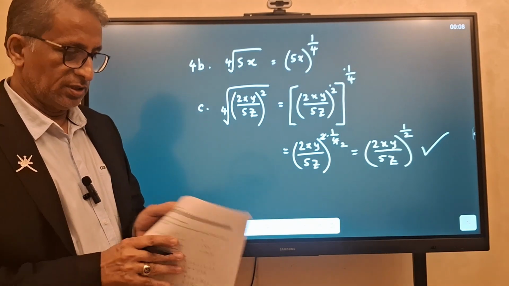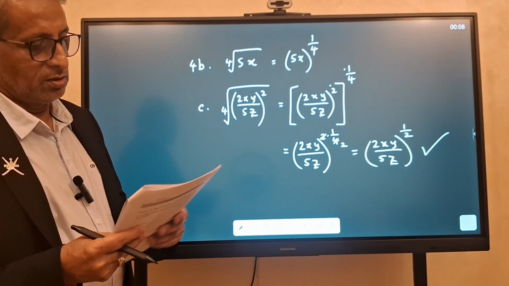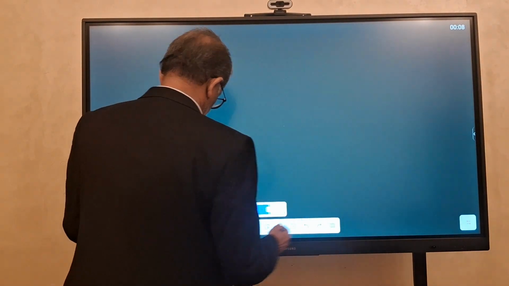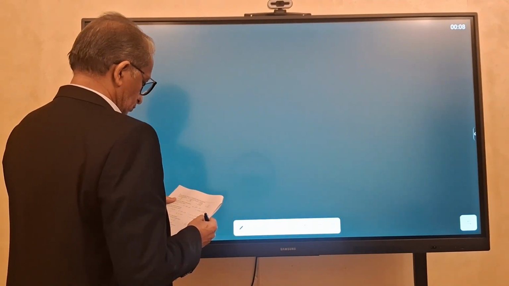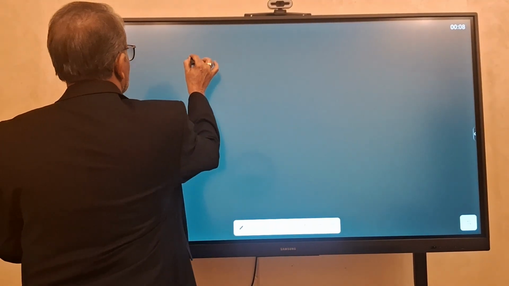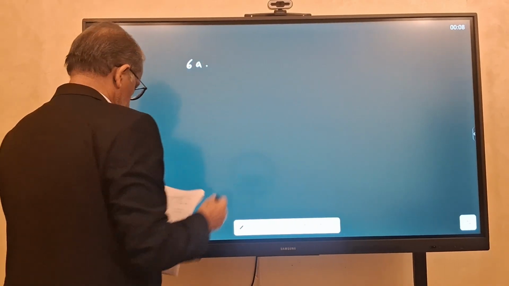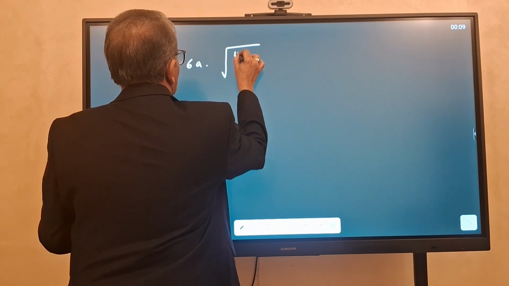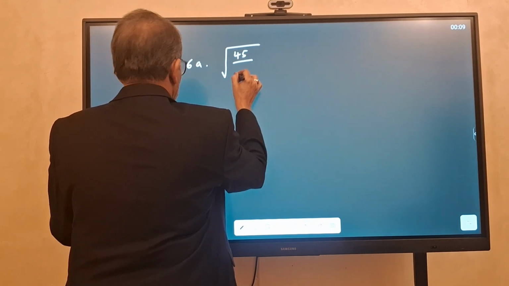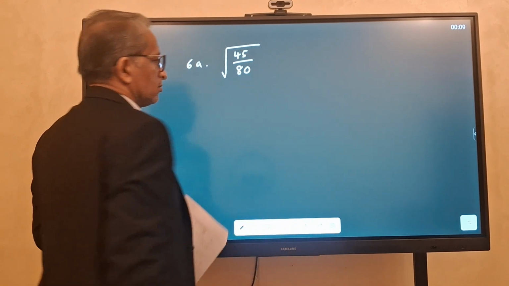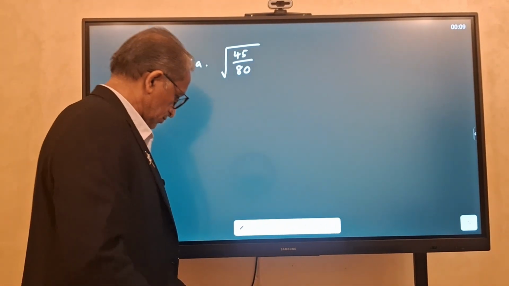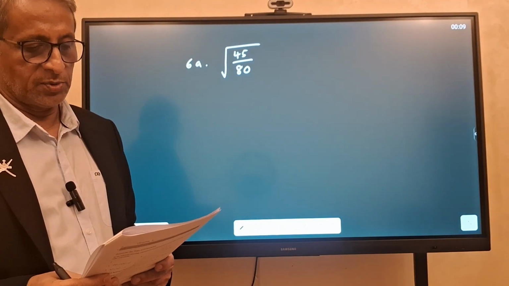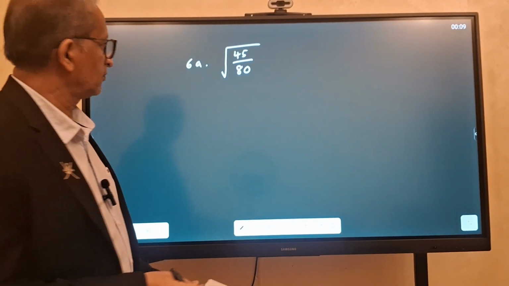Let's move to the next set of questions, that is 6a. Root of 45 by 80. What is your question here? Use the quotient property and simplify.